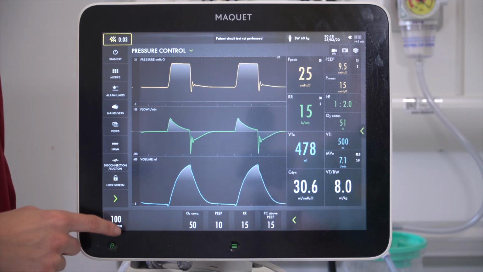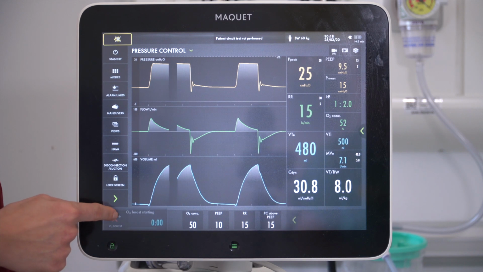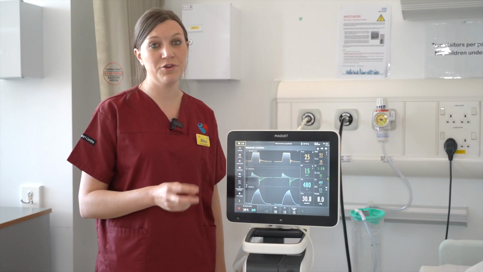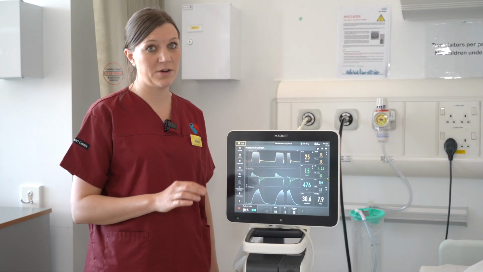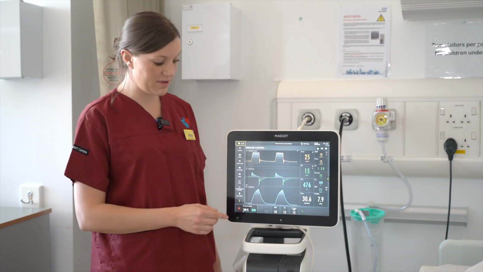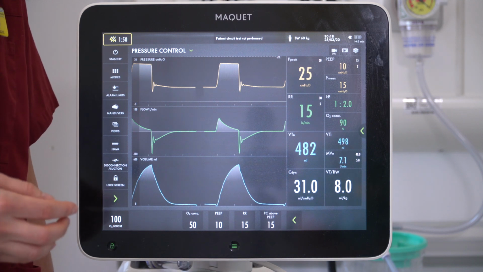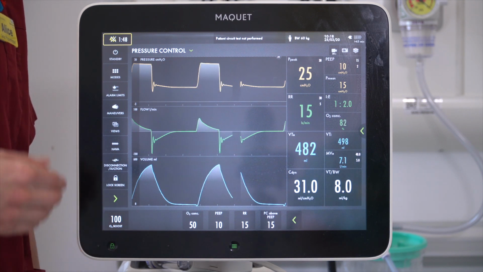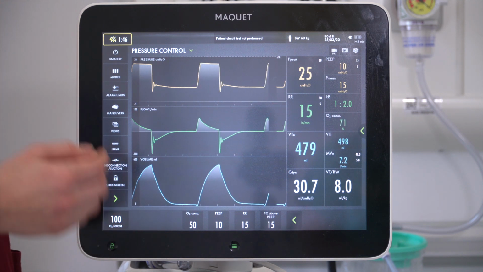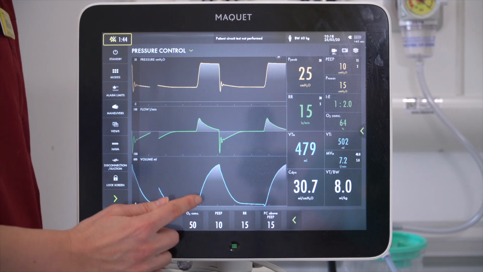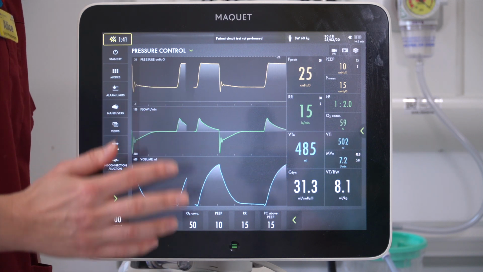To activate this, you press and hold, and it allows for 2 minutes of 100% oxygen. To cancel this, you just press the cross. If you required 100% oxygen for longer than 2 minutes, you can use the oxygen concentration button here and titrate it as needed.